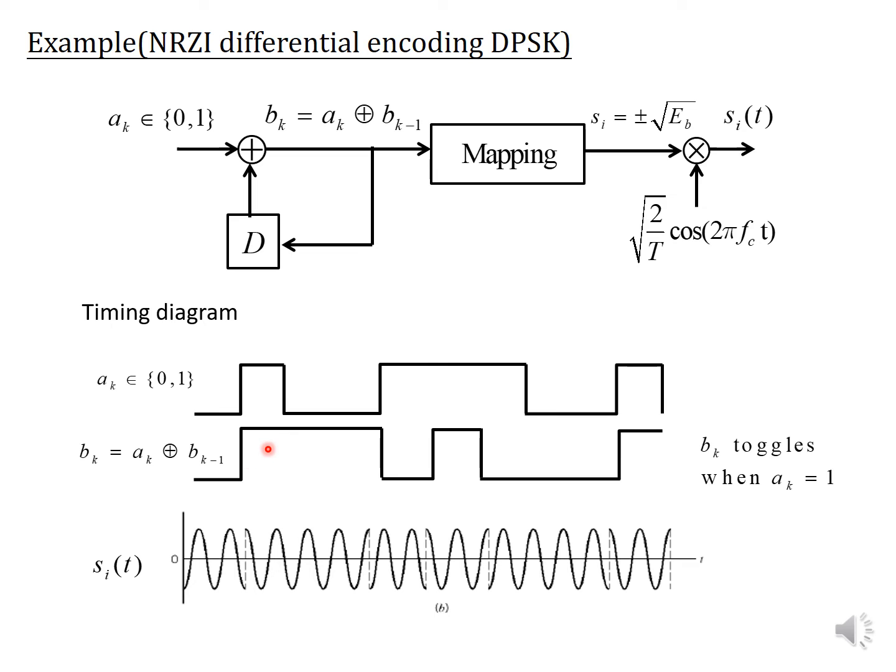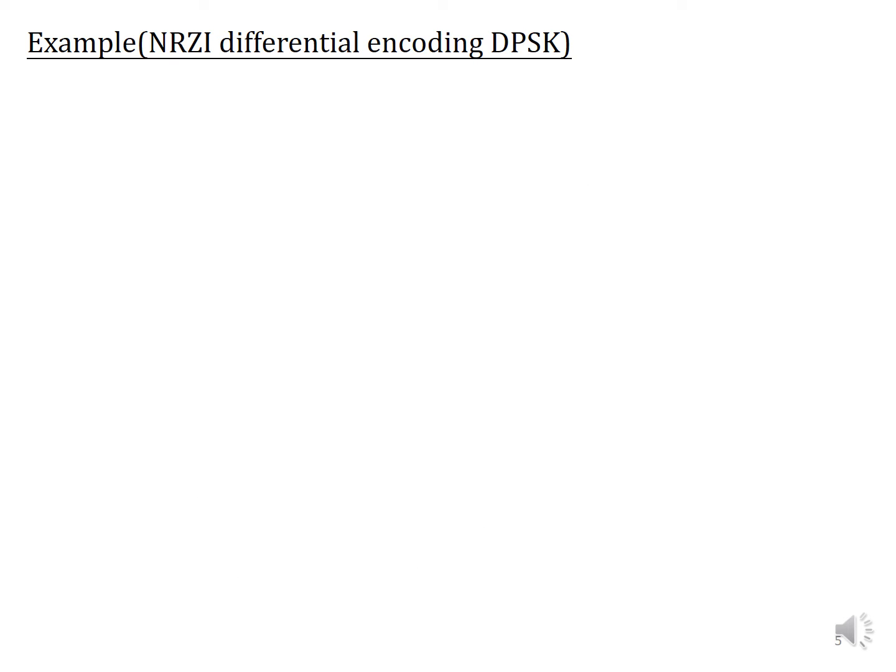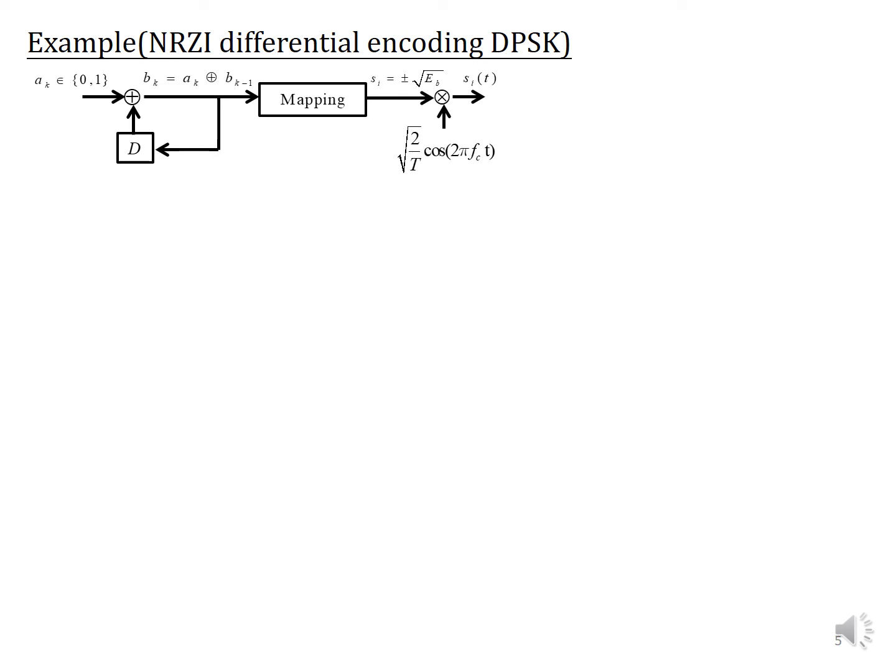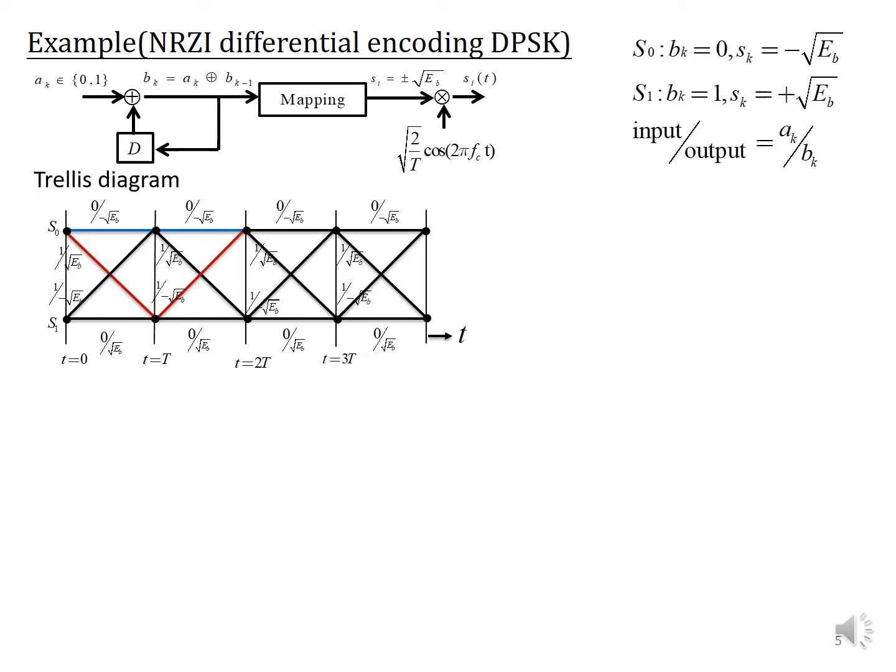Obviously we cannot detect the message BK symbol by symbol. We have to detect BK based on a combination of a sequence. Based on this scheme, we can obtain the trellis of the transmission of the signal SIT.